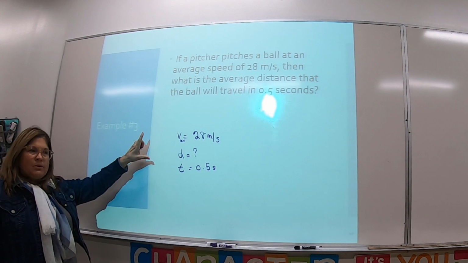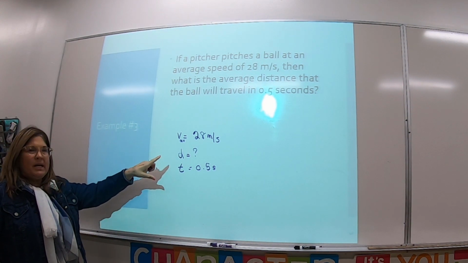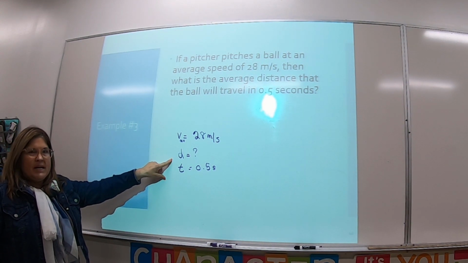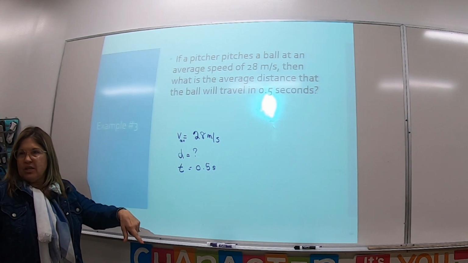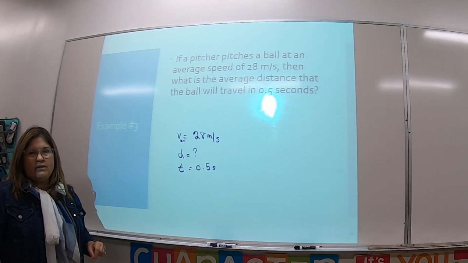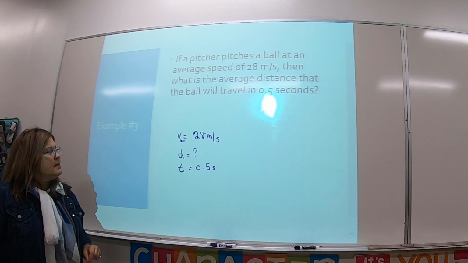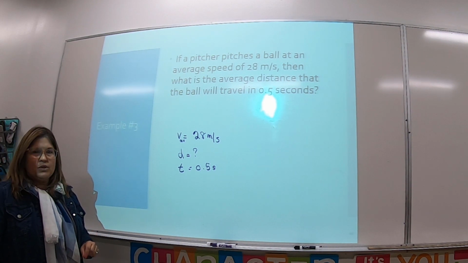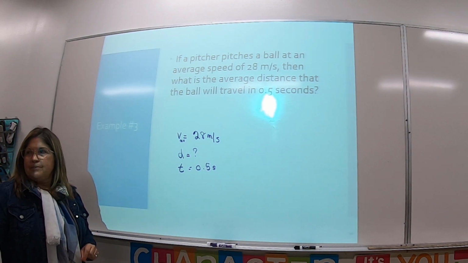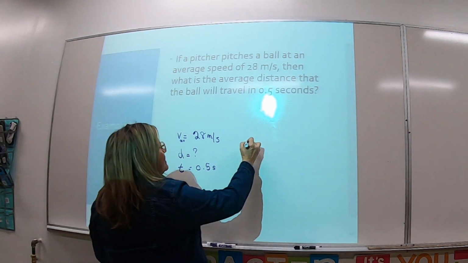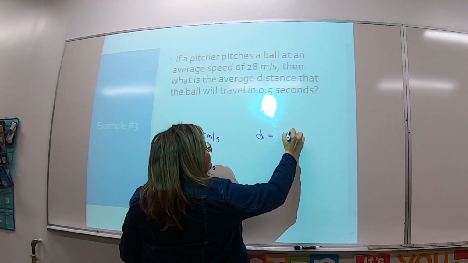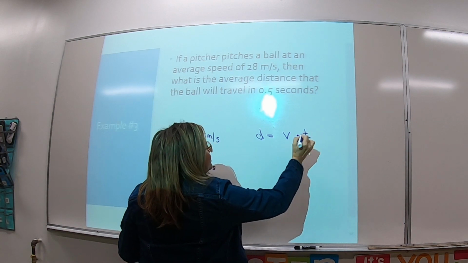So I read the question, write down what I know, what I'm looking for, then find my equation. And again, it's on your equation sheet. So what is distance equal to? Yeah, distance is equal to speed times your time.